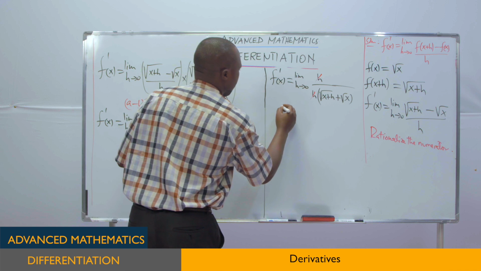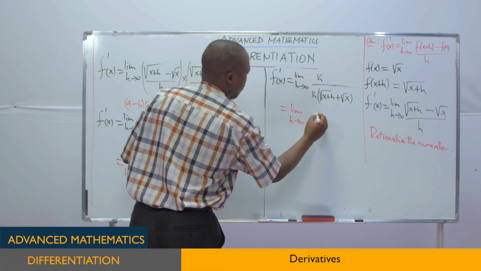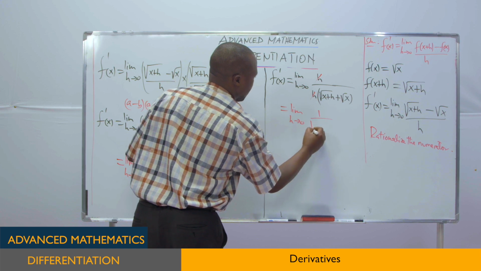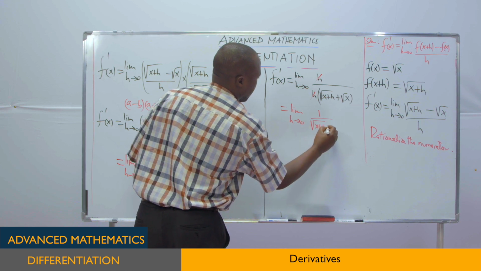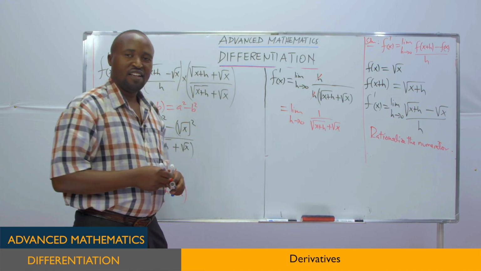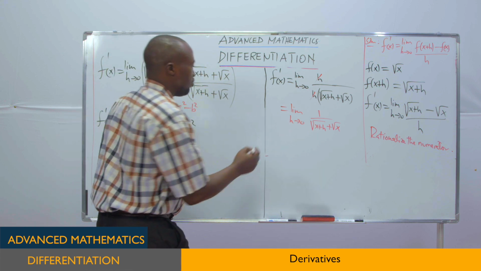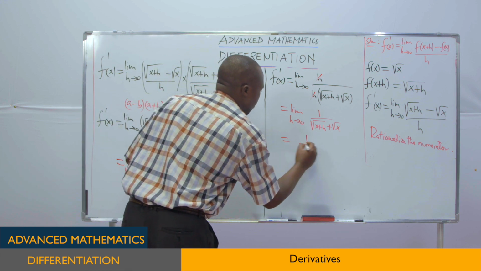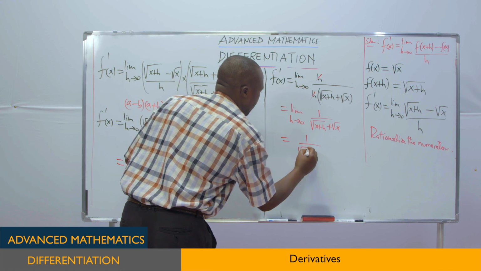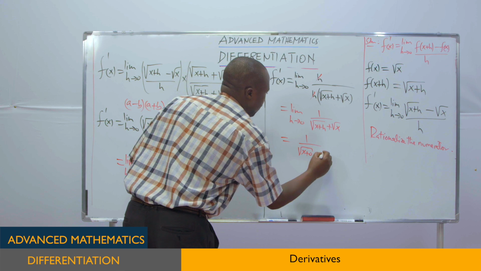So we have the limit of, as h approaches 0, we have 1 over the square root of x plus h plus the square root of x. Now, as h approaches 0, we are going to have 1 over the square root of x plus 0, so again, plus the square root of x.